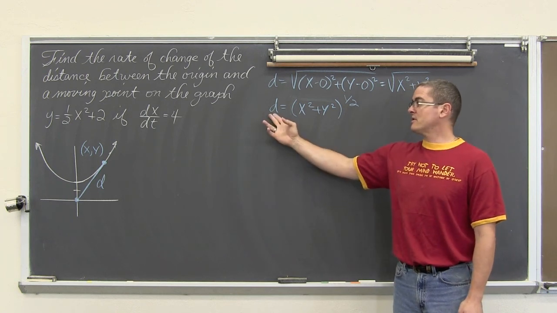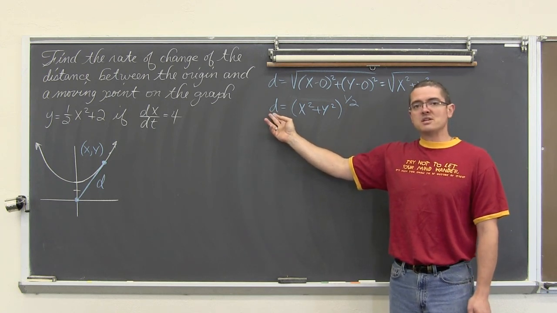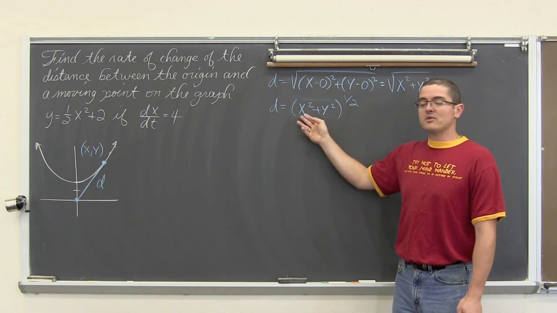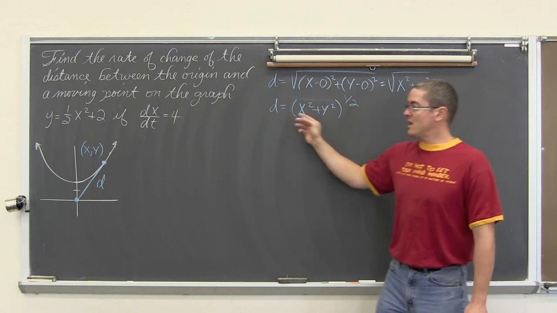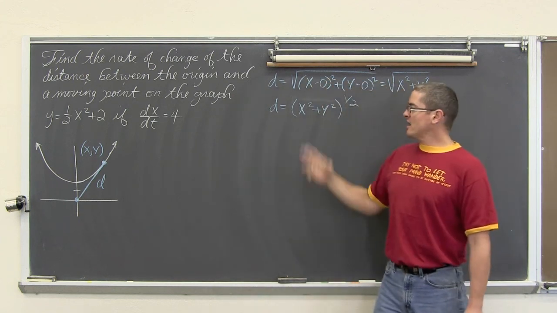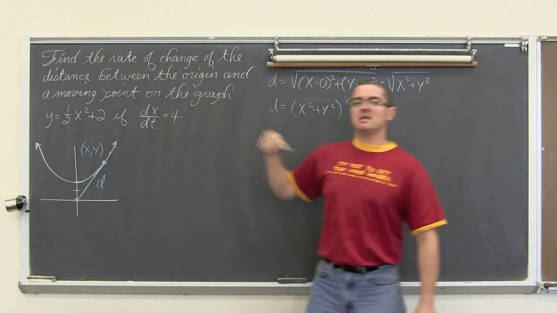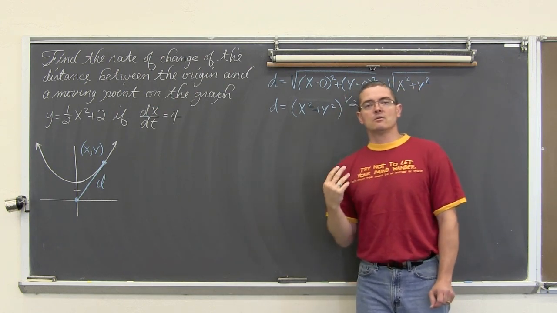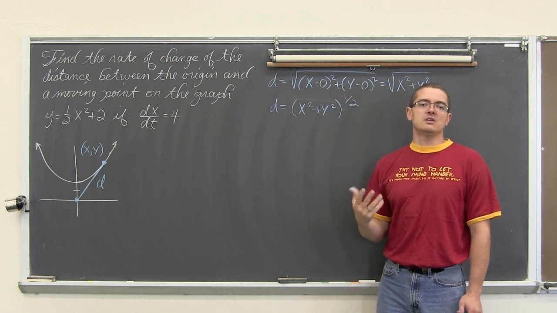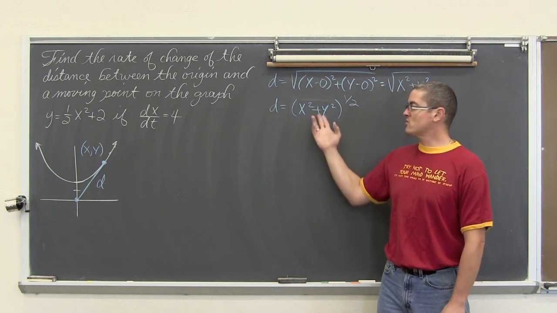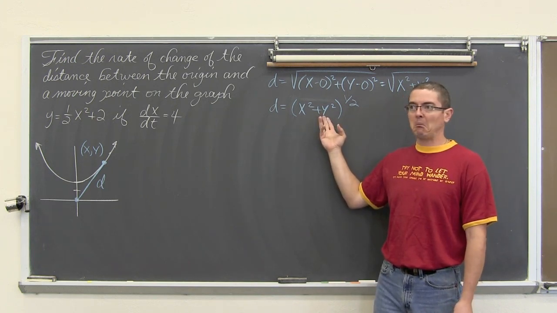One, I will have the change in distance in respect to time, or dd over dt. I will have, through the chain rule, dx over dt, which I'm given, but I'm going to have dy over dt. And nowhere in this problem am I given a vertical rate of change.